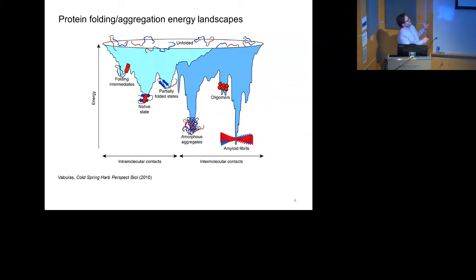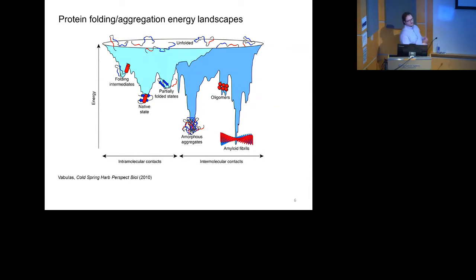This was sort of our cartoon understanding of the energy landscapes for proteins, including native folding and aggregation. So this is sort of showing that folding is believed to be on a funneled three-dimensional energy surface. So again, you can have intermediates. You have the native state that's relatively low. But why do proteins aggregate? Again, it's believed to be thermodynamically driven, that these aggregates are even more thermodynamically stable than the native states.